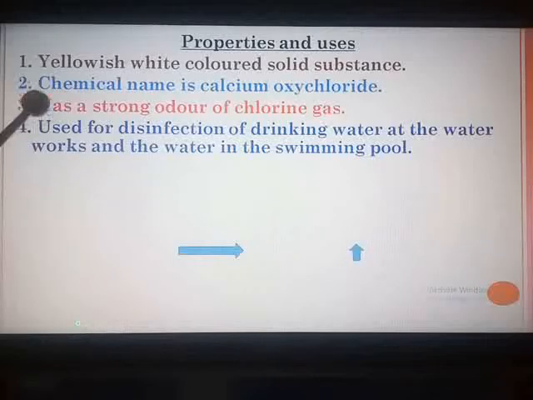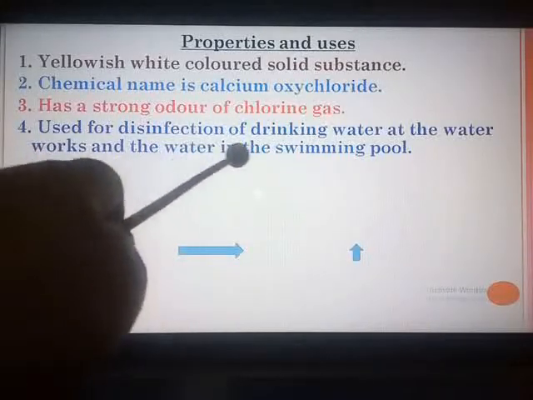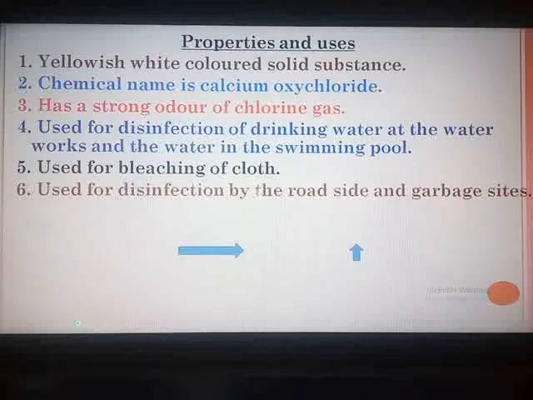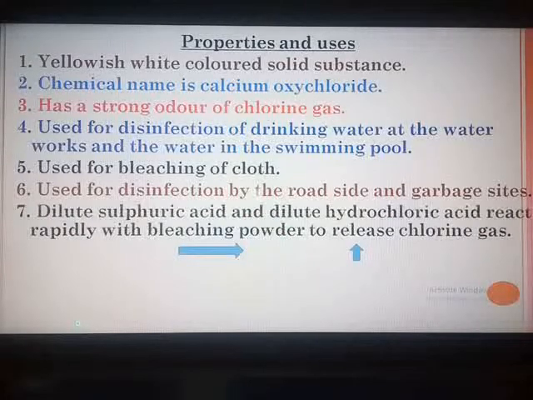It is used for disinfection of drinking water at the waterworks and the water in the swimming pool. It is used for the bleaching of cloth, hence it is known as bleaching powder. It is also used for disinfection by the roadside and at garbage sites, in areas which are more attacked by microbes.